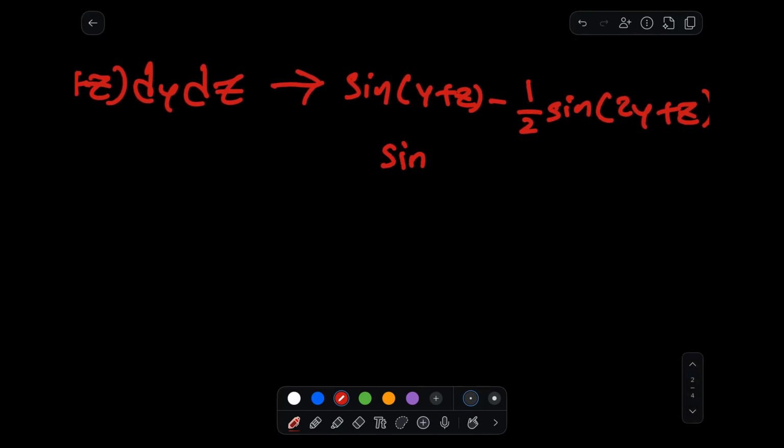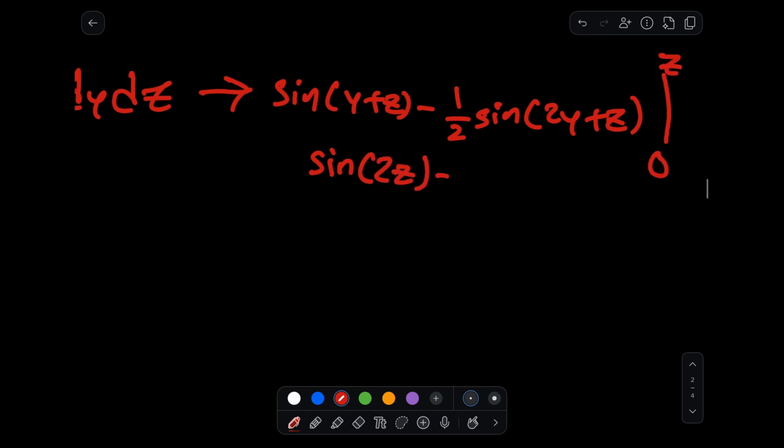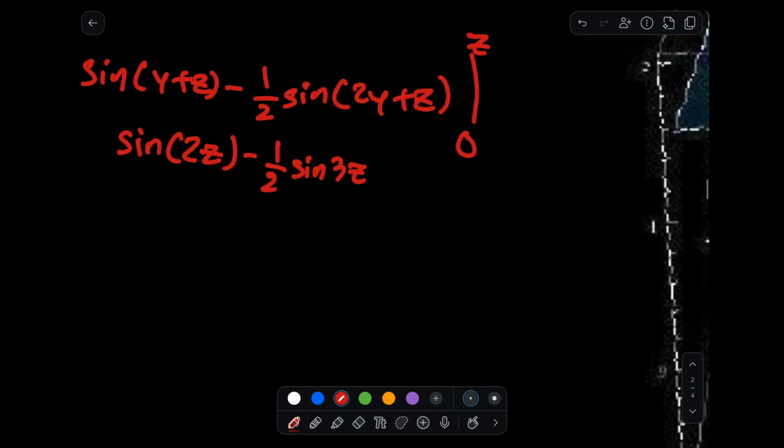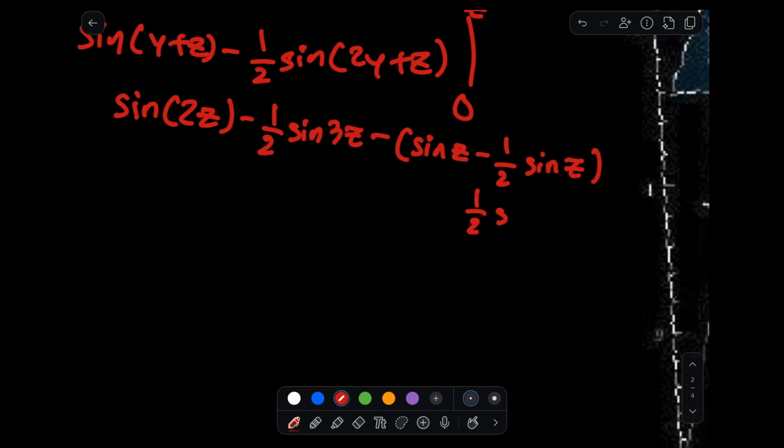Evaluating this, we get sine of 2z minus 1/2 sine of 3z minus sine of z minus 1/2 sine of z. So it's going to become 1/2 sine z.